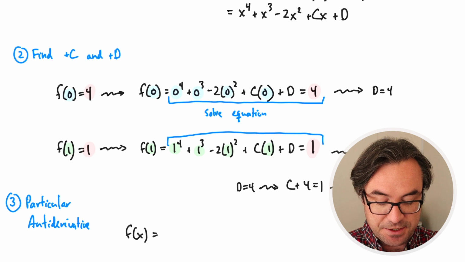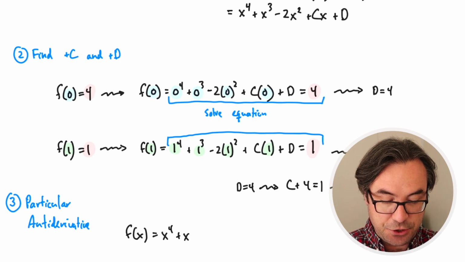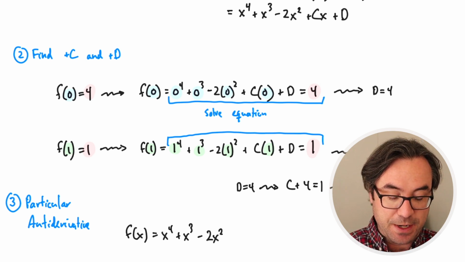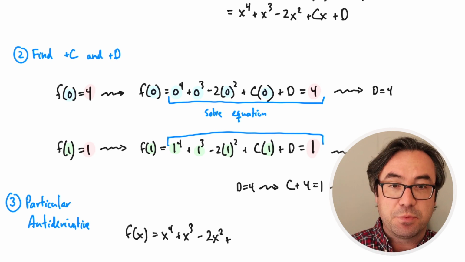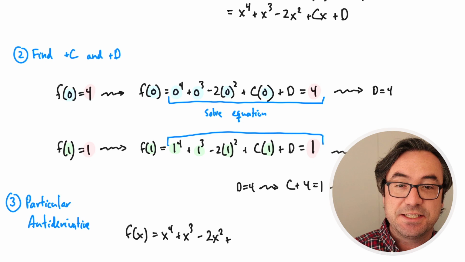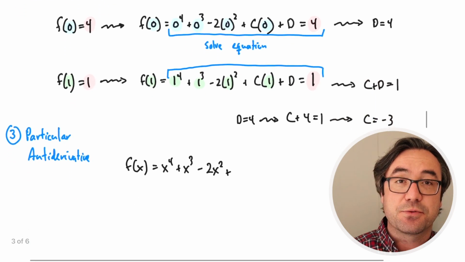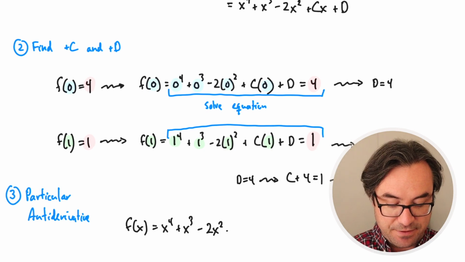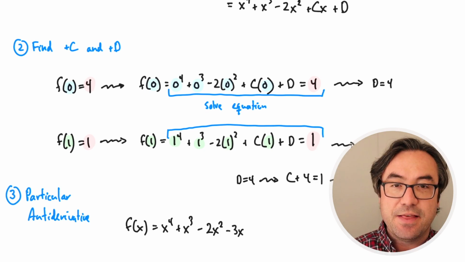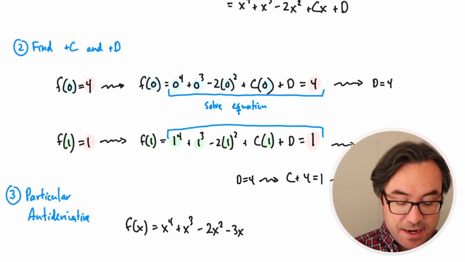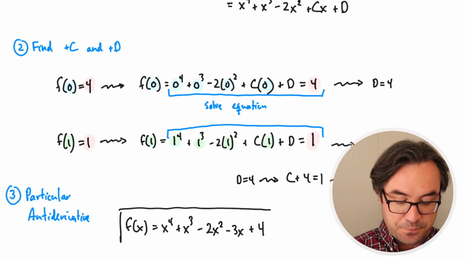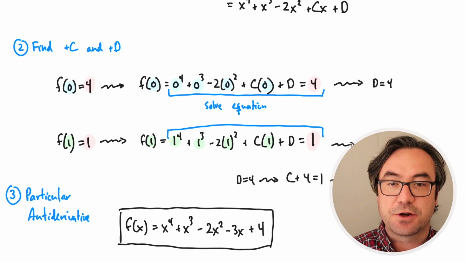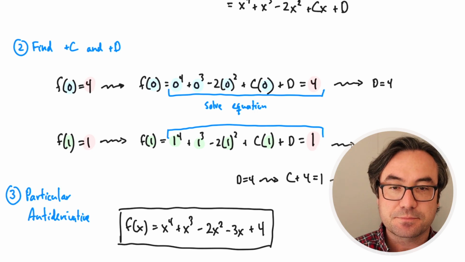So it's x to the 4th plus x cubed minus 2x squared. And instead of plus cx, I know my c value was negative 3. So let's actually fill that in now. So we'll have negative 3x. And then instead of plus d at the very end, I know my d value is 4. So we find our particular antiderivative here.